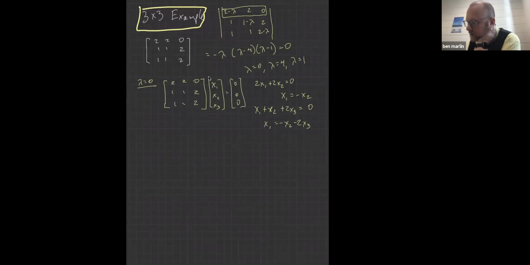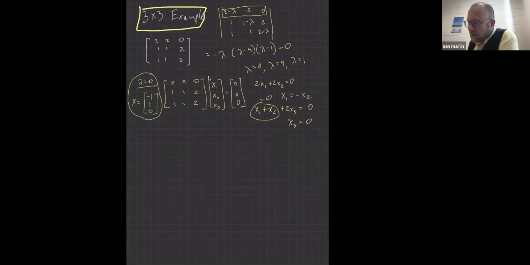Let's just change what we approached with that, and let's just spot that since x1 plus x2 has to be equal to 0, our x3, it turns out, has to be 0. Okay? So that tells us that our x vector has to have a 0 in the third component, and then the x1 and x2 have to be opposites. So maybe negative 1, 1. Okay? So that's going to be the eigenpair that we'll keep track of there.